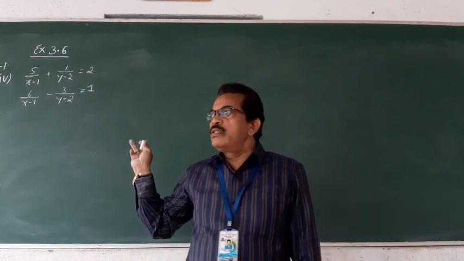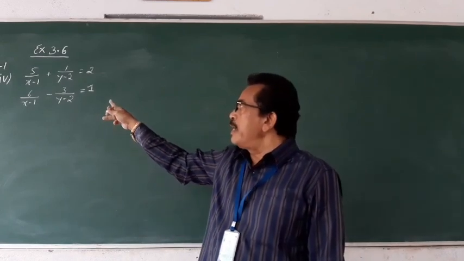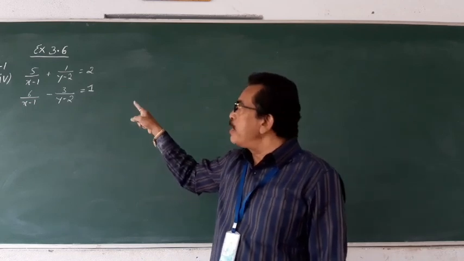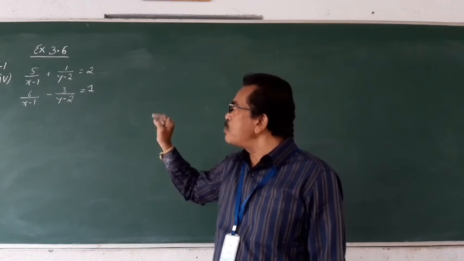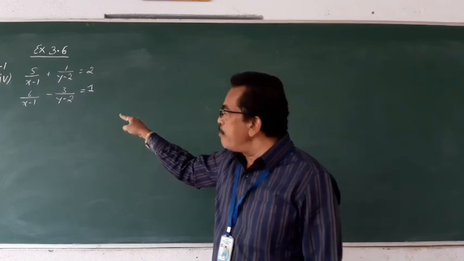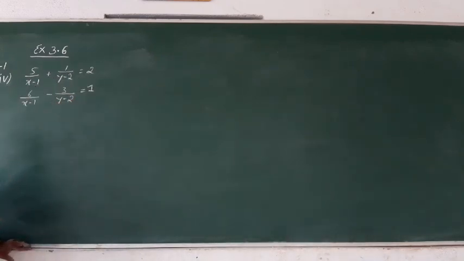Okay, see this is a little bit different from those three sums. See here 5 divided by x minus 1 plus 1 divided by y minus 2 equals to 2. 6 divided by x minus 1 minus 3 divided by y minus 2 equals to 1. The procedure is same.